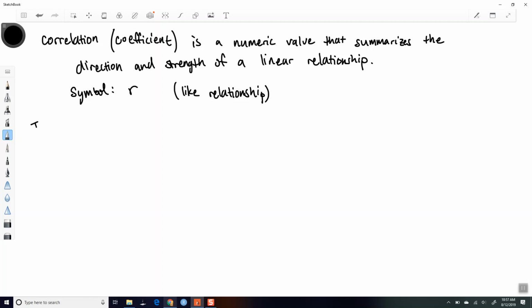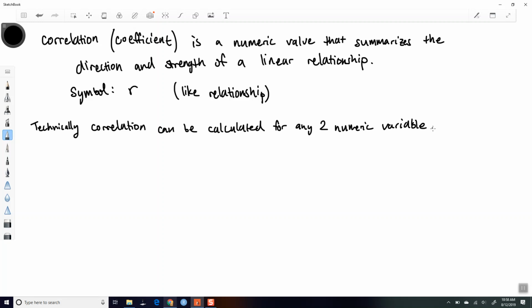So the value only makes sense for linear relationships.